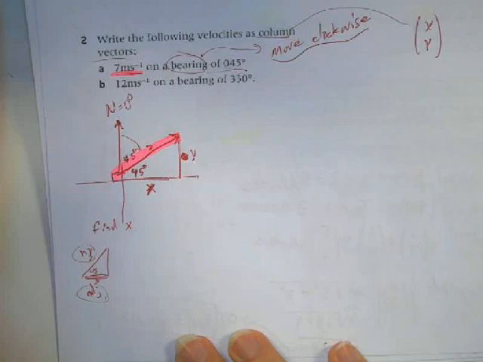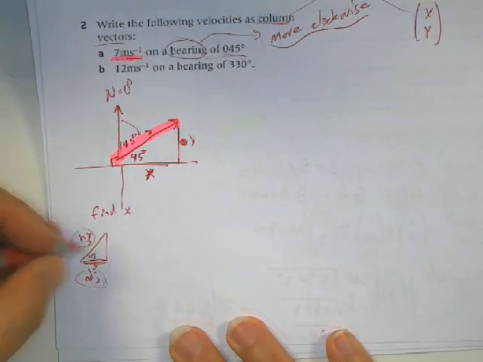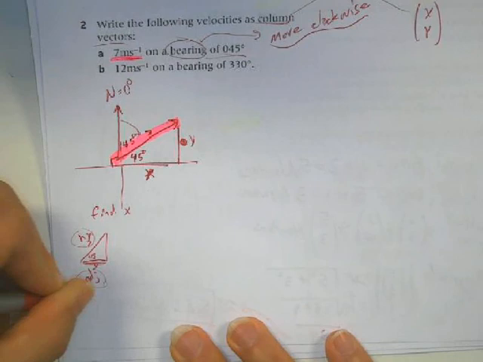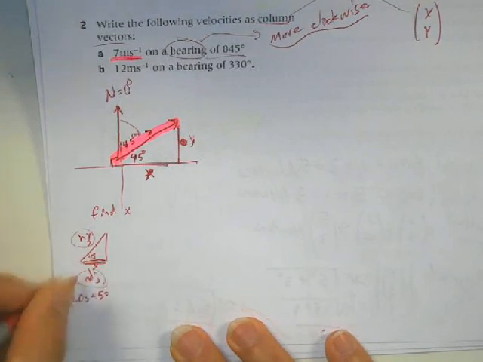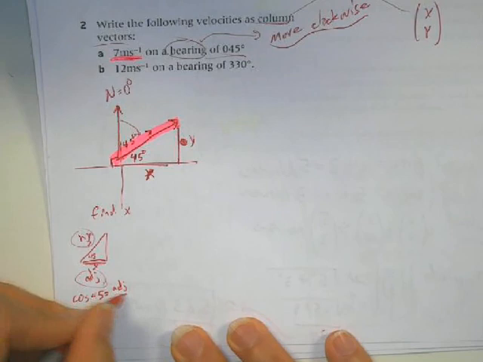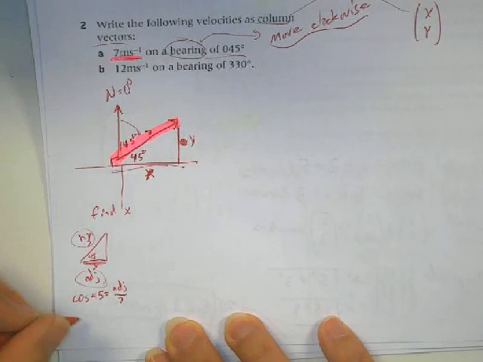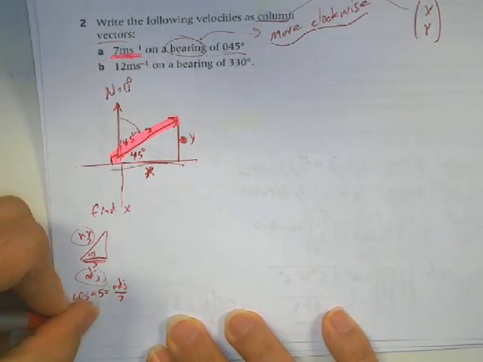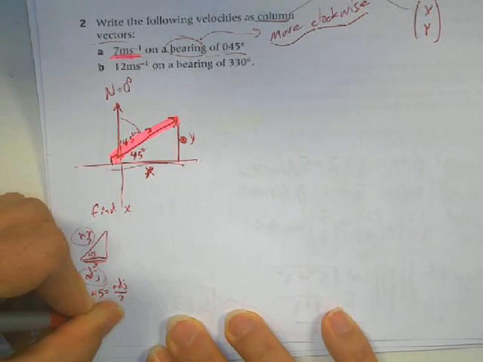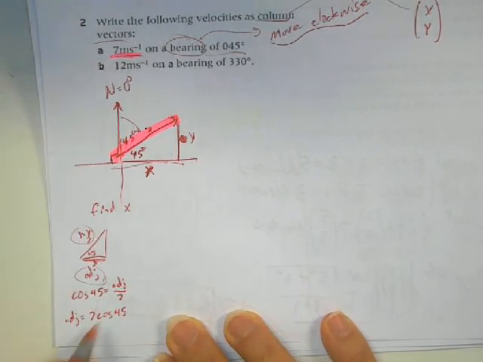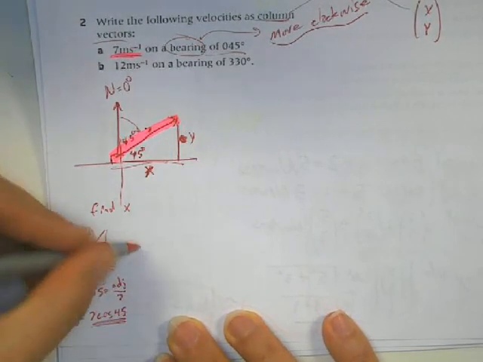So I can write this as cosine 45 equals adjacent over the hypotenuse, which is 7, right? And so adjacent is my x value, so I can write the adjacent is equal to 7 times cosine 45. Okay, remember that. This process, you may have to watch it again.